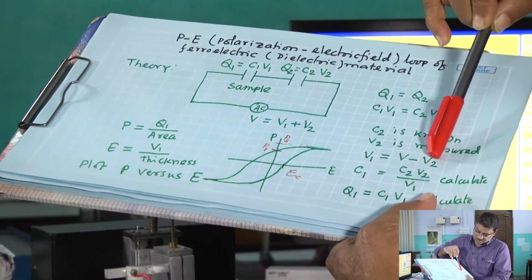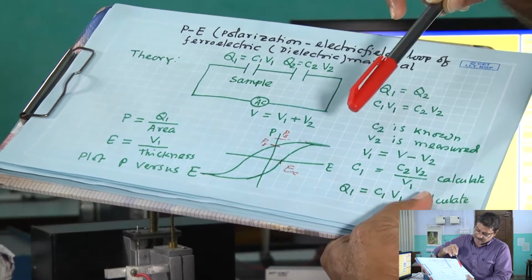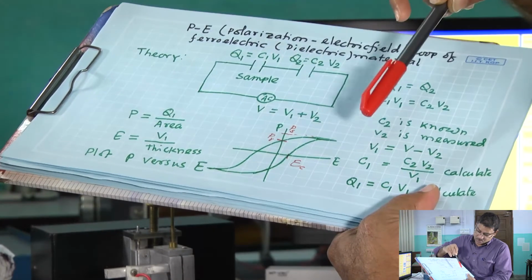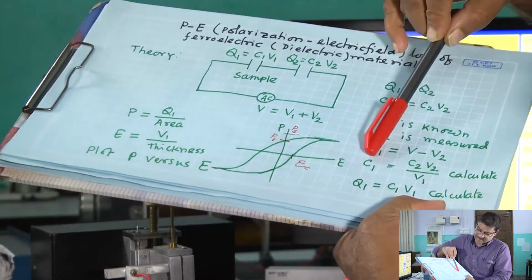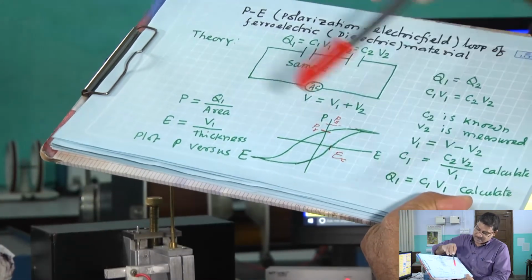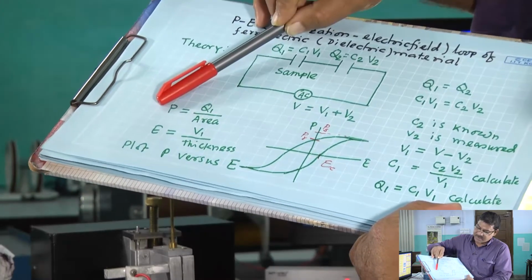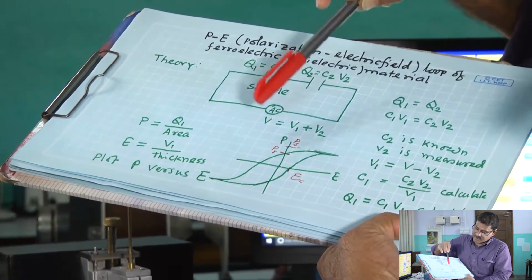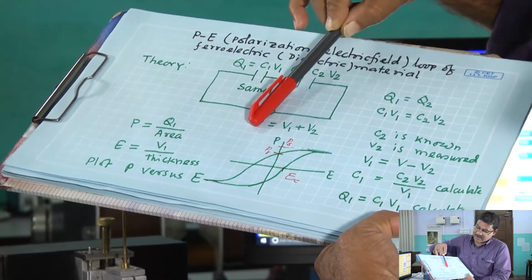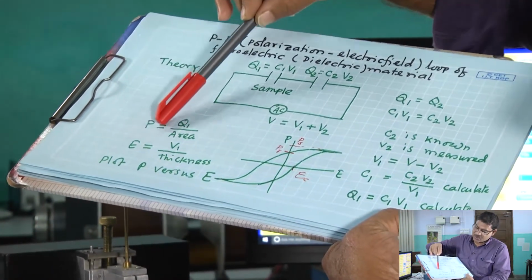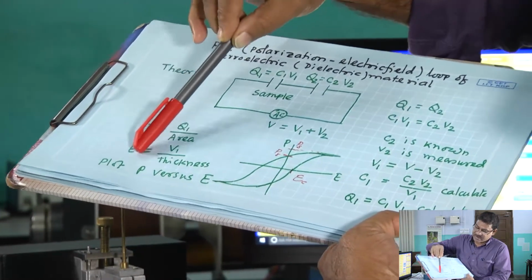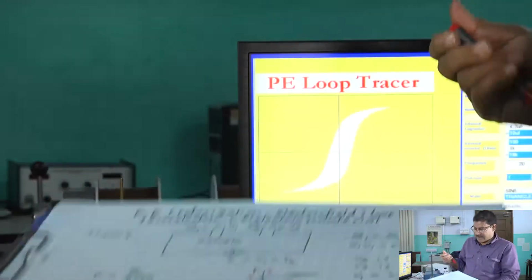So, we will vary V1 by varying V, and we will get Q1 and the corresponding P, different P. Thus, by varying V we will get P at different electric fields. That can be done manually.